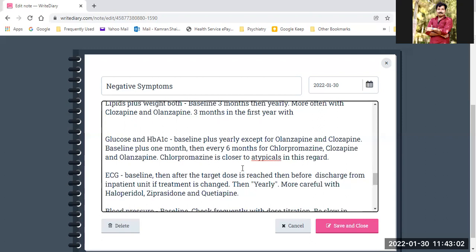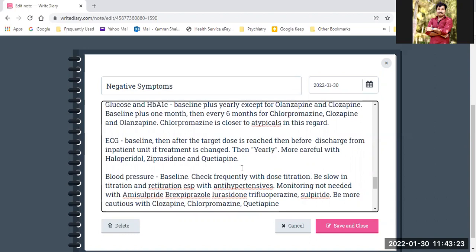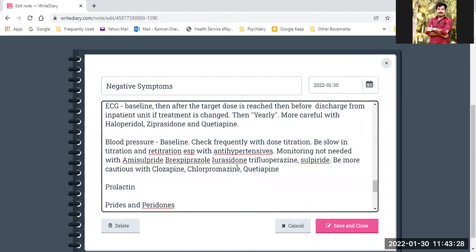ECG: check at baseline and then yearly, or if you are changing any dose, then whenever the target dose is reached. So check the ECG whenever you're changing the dose, and then yearly. Be more cautious with haloperidol, ziprasidone, and quetiapine. Blood pressure: check at baseline, check more frequently with dose titration, and then at least yearly or whenever the patient comes to the outpatients.